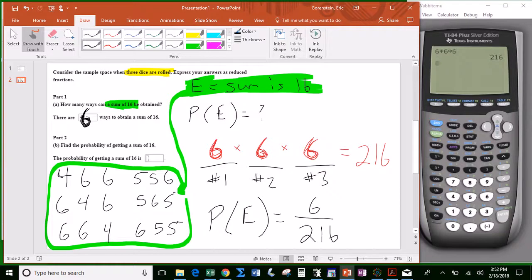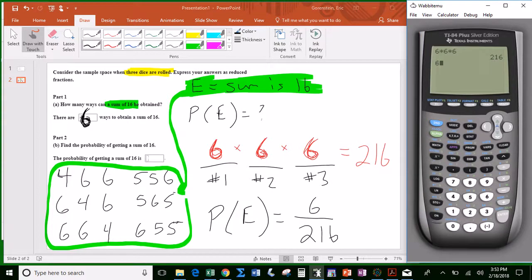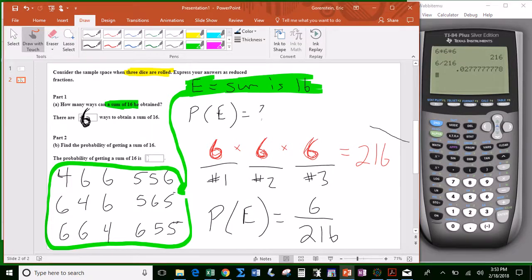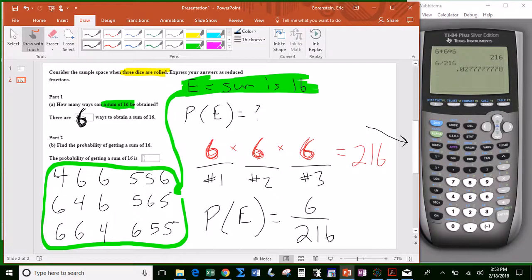Now these are both even, so they're divisible by 2. I'm just going to go to the calculator and say 6 divided by 216, and you can convert that to a fraction in the math menu.